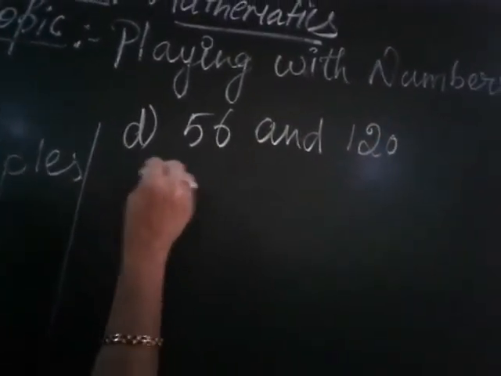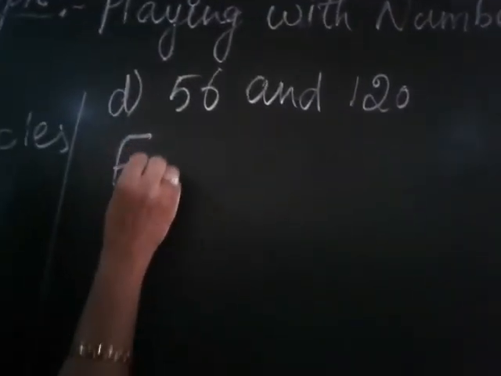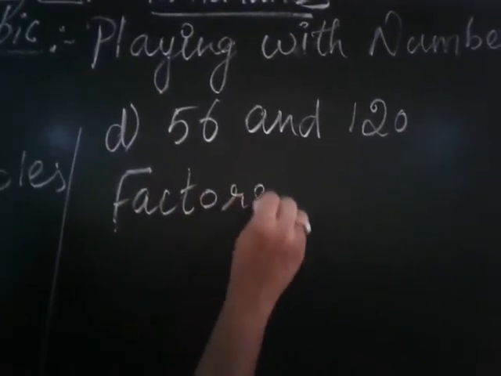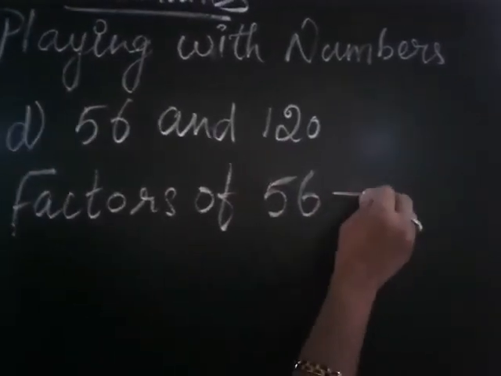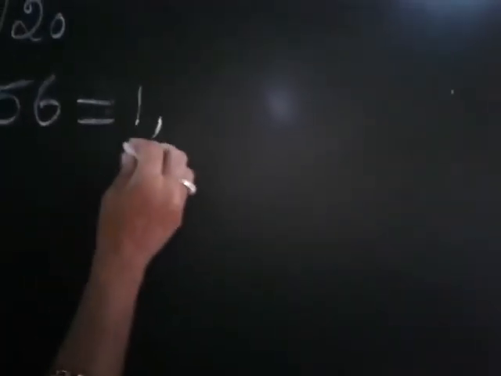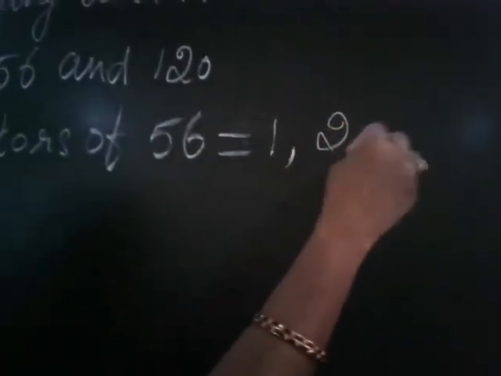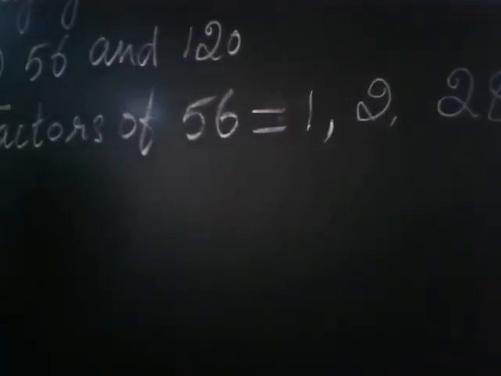Okay, 56. What do you want to write? Factors of 56. So 1 is a factor for every number. Then 56 means the 2 table: 2 28s are 56.